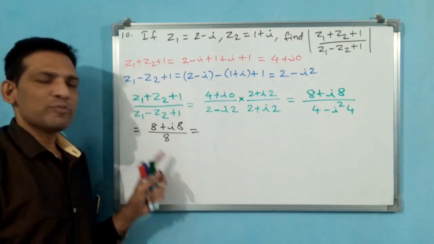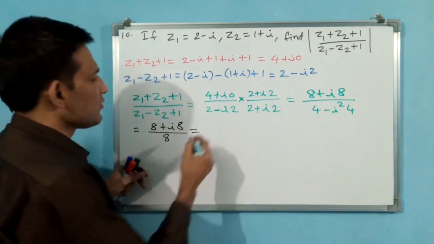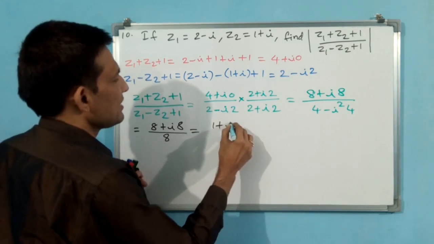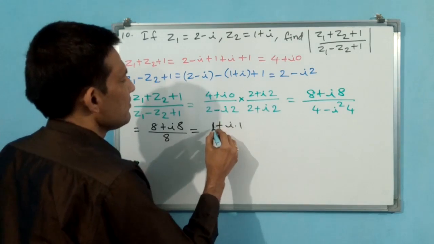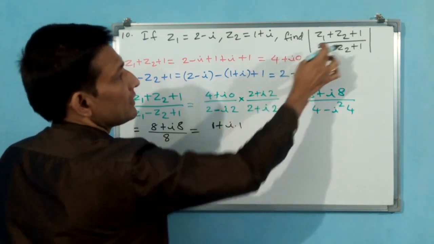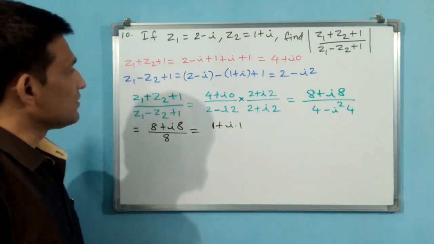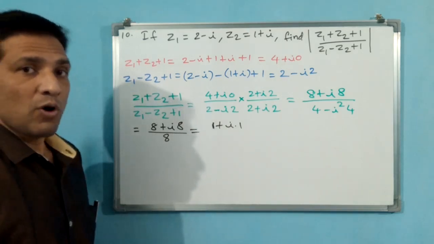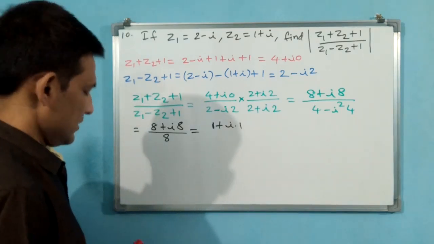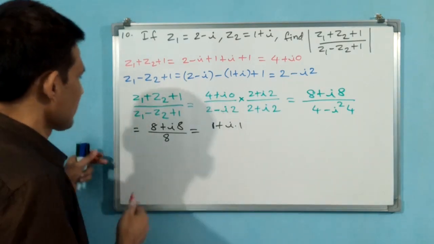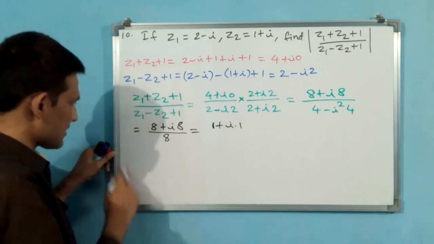If you take 8 common, numerator and denominator get cancelled. 1 plus I into 1 is going to come. This will be your answer without modulus. But now you have to find the modulus. Again you write here modulus. How to write? See, this is without modulus, but now the same you have to write and put the modulus.